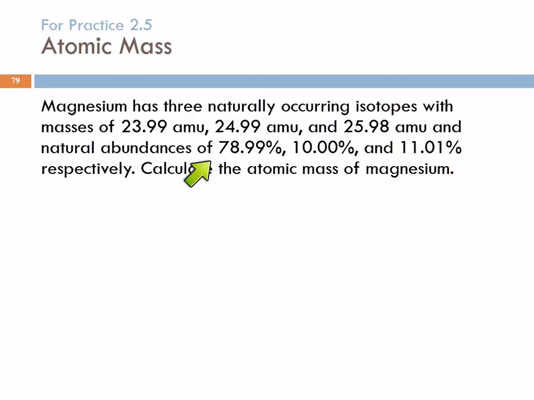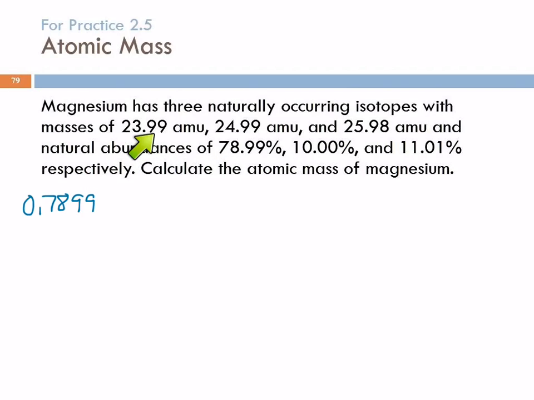What we want to do is take this percentage and make it into a decimal. We're dividing by 100. So that becomes 0.7899. I'm going to multiply that by the mass of that isotope. Respectively just means that they're listed in the same order.